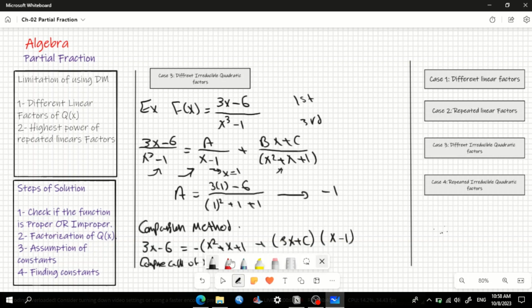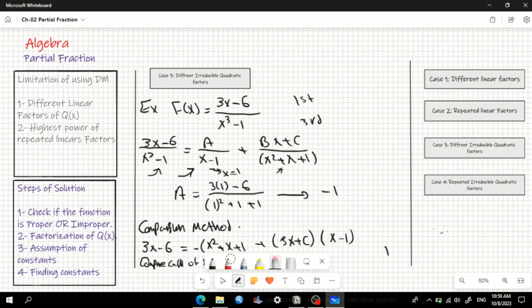Okay, we have 0 equal to -1 plus b. So b equal to 1, and by comparing the coefficient of x we have c equal to 5. Okay, just clear that and move to the last case here of partial fraction.